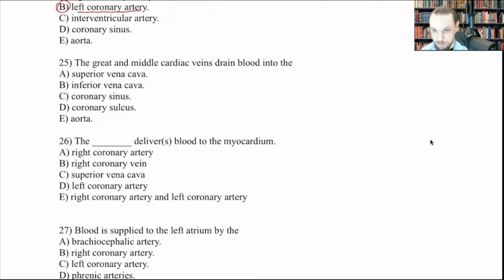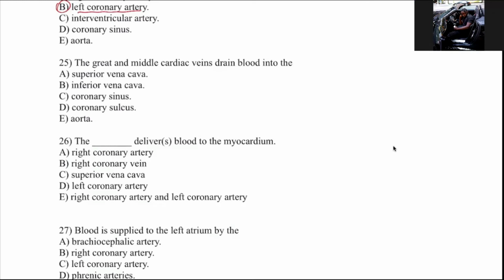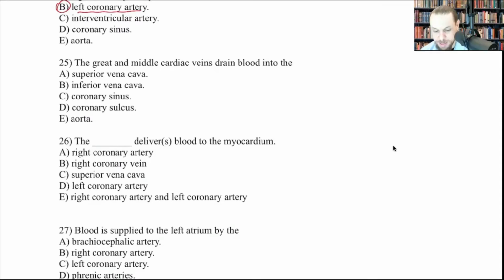25, we're going to go to Mike Wan. The great and middle cardiac veins drain into the cardiac veins. I'm lost. Okay, in the lecture I was showing you a picture. There's basically a coronary sinus on the heart.